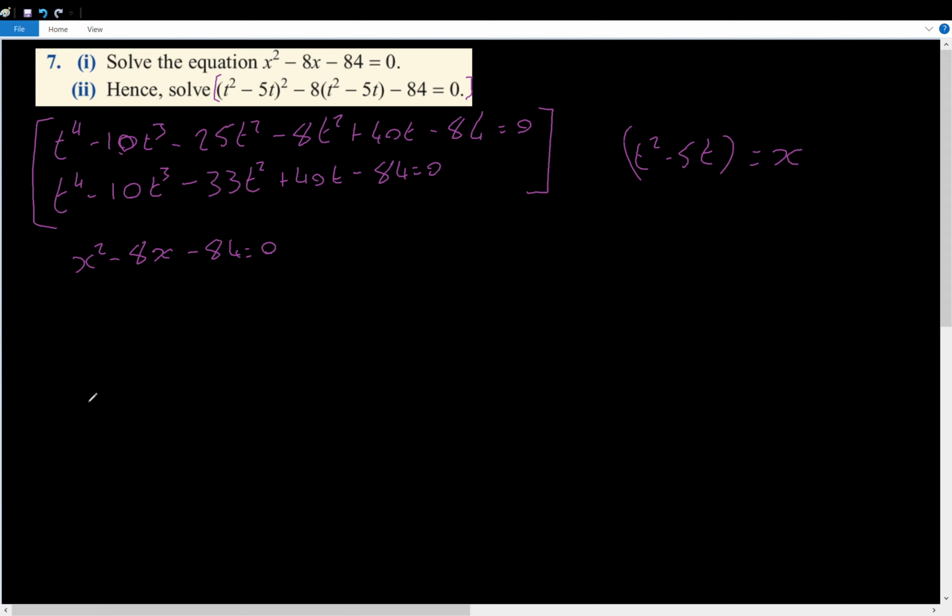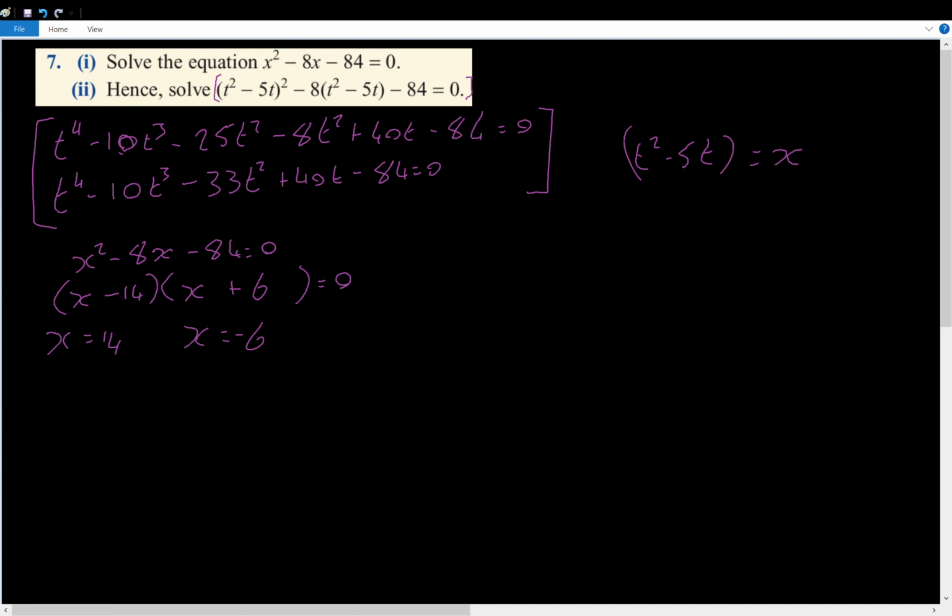So we're going to factorize this out, which is in fact what we've got in part 1 up here. When we factorize this out, we're going to get x and x, and then we're going to have minus 14 and plus 6, still equal to 0. So we're going to get x equals 14 and x equals minus 6.